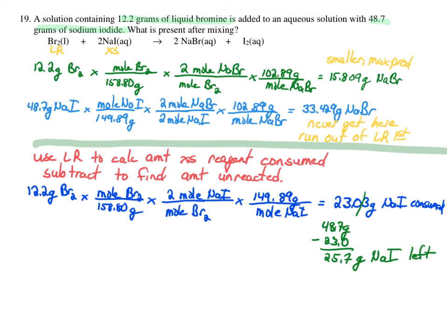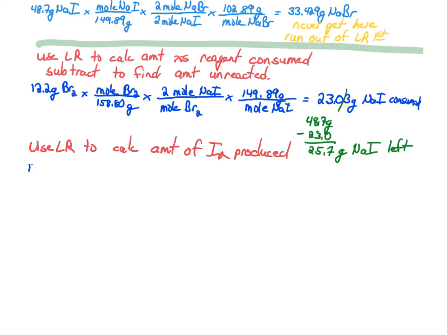Okay, the final step is to determine the amount of I2 that's produced. Again, we start with 12.2 grams of bromine, convert to moles. Use our mole-to-mole ratio. Referring back to our balanced chemical equation, we know that each mole of bromine that reacts is going to produce a mole of iodine.